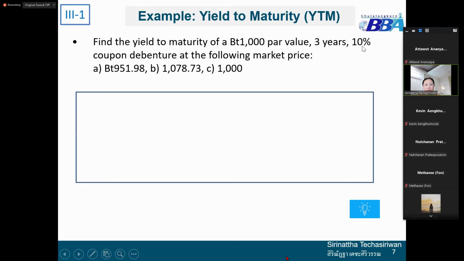You estimate the coupon, 10% of 1,000 par, and you try and error, or you use the financial calculator to calculate the discount rate that discounts the coupons and the par value at the terminal year to the price. But in this one, you don't need to come up with the number. I will ask you, in each of these cases, whether the cost of debt, the yield to maturity, will be higher or lower or equal to 10%.